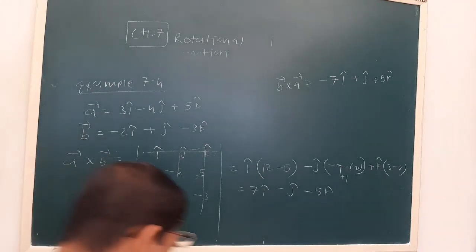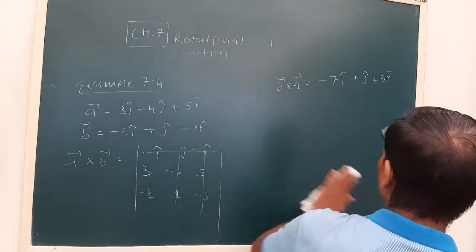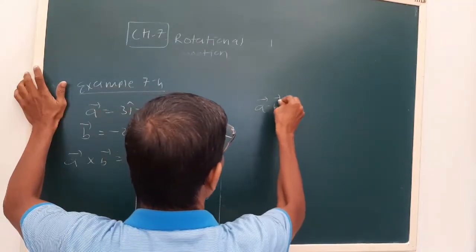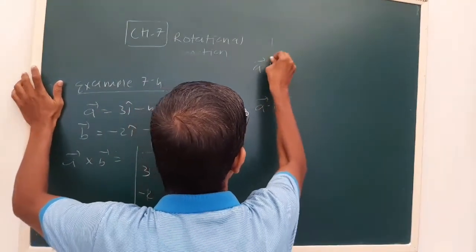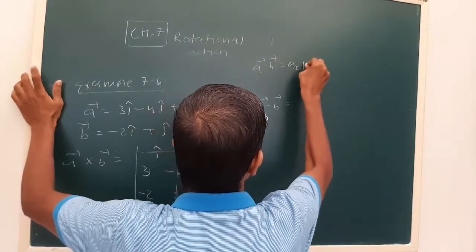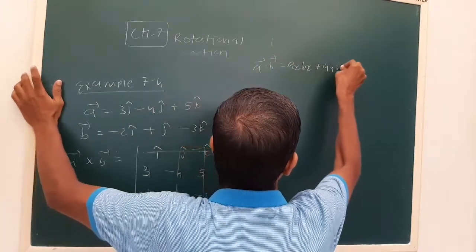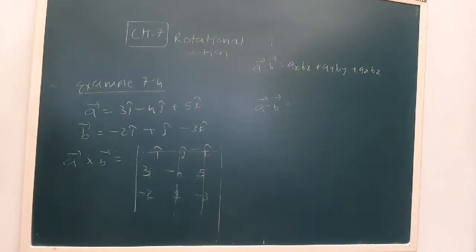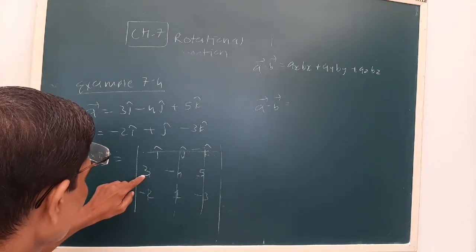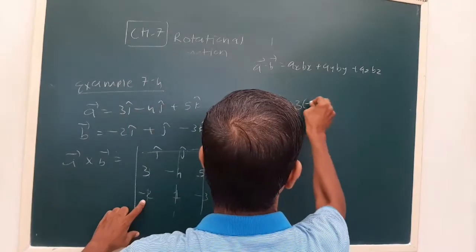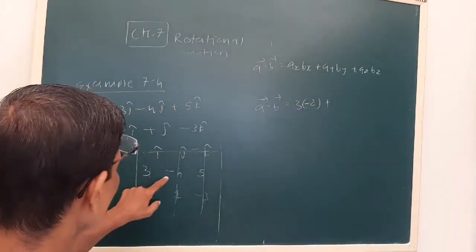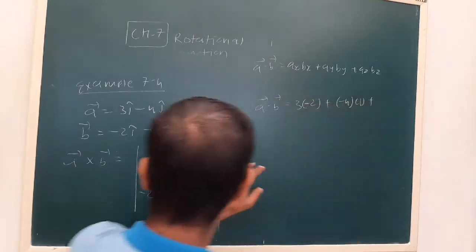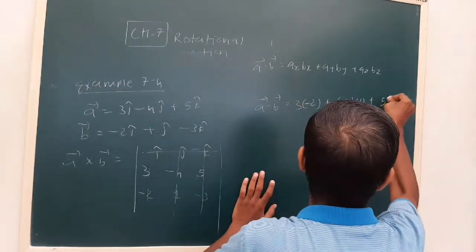So this is the vector product A cross B, and this is the vector product B cross A. Now here we have to find the scalar product also. The scalar product of two vectors A dot B with the Cartesian components is AXBX plus AYBY plus AZBZ. So AXBX will be 3 into minus 2, plus AYBY will be minus 4 into 1, and AZBZ is 5 into minus 3.